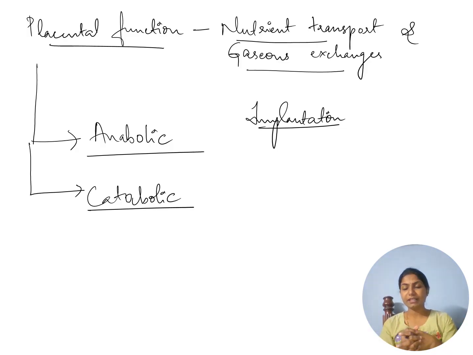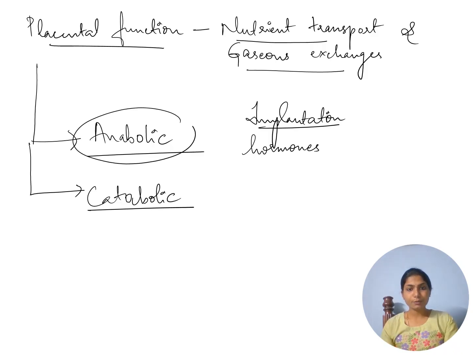All this occurs in the first trimester, and many other important hormones are released from the placenta, which also acts as an important endocrine organ during pregnancy. So the first half of pregnancy is considered anabolic, where implantation and endocrine function play an important role. There is building up of energy sources, glucose is stored in the form of glycogen, and even fat deposition occurs in the placenta.